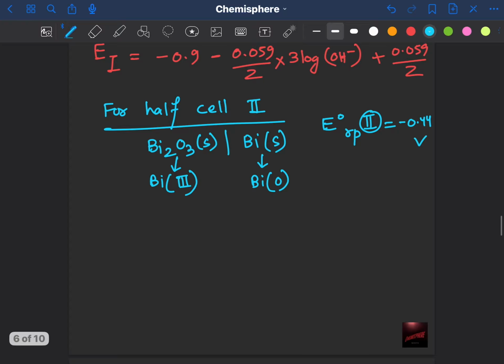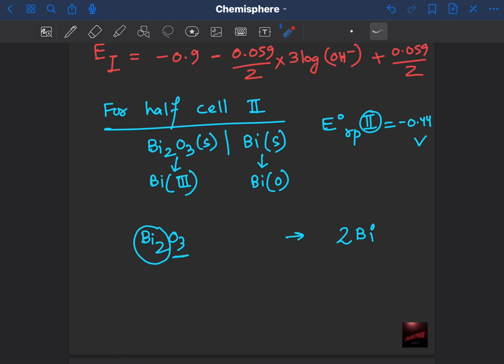Let's write it down that Bi2O3 is forming Bi. Okay, obviously the number of Bi atoms are not balanced, so let's multiply it to form 2 Bi. Okay, good. Now let us see the deficiency of oxygen. Here we have 3O, and obviously there is a deficiency on the product side, so therefore we will add 3 molecules of water, so plus 3H2O.